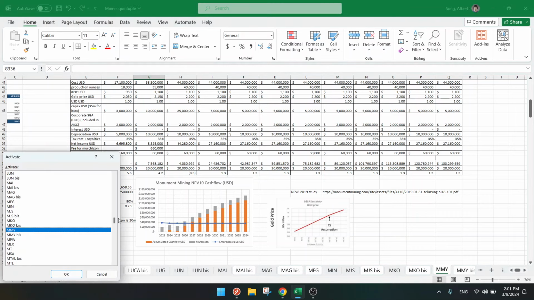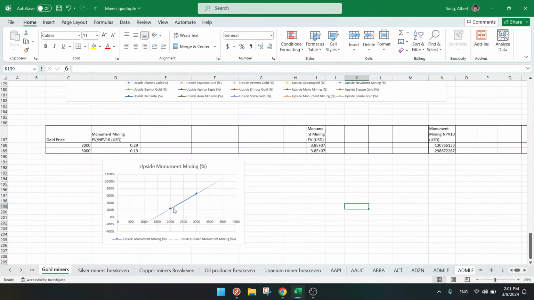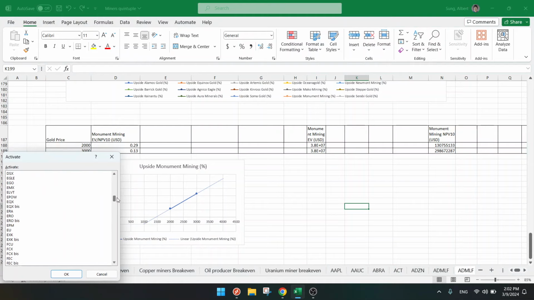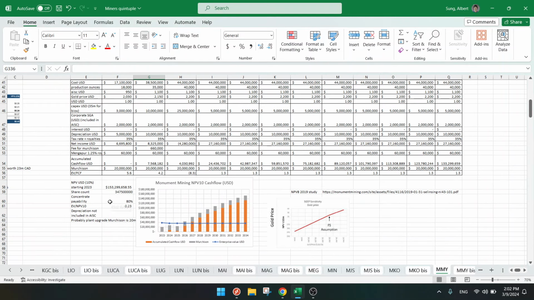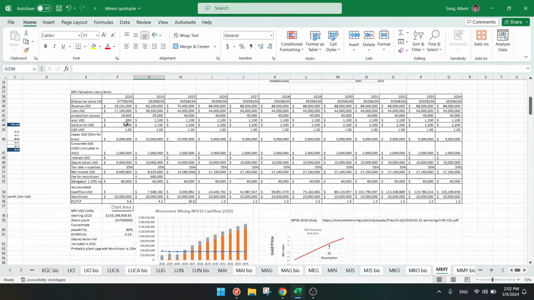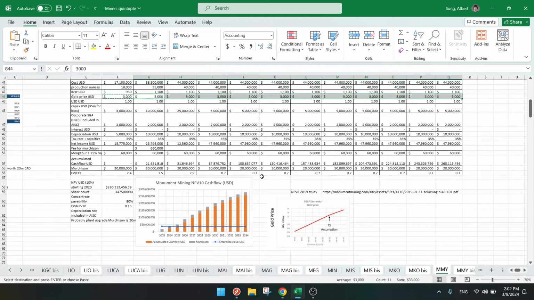And if we go to 3000, then we have 700% upside. Let's check that. 3000 gold. Then we go from 35 to 280.